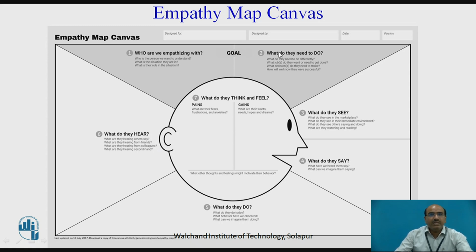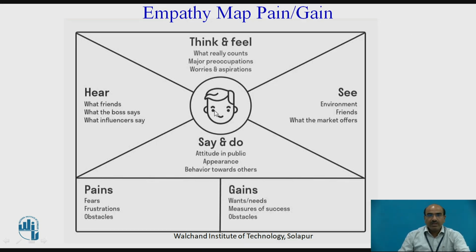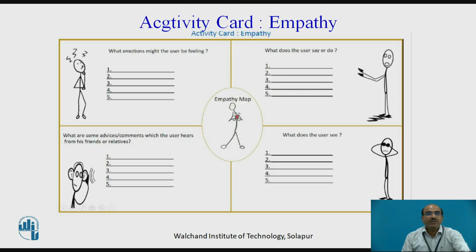Then he is empathizing with this goal. That is how he thinks and feels, which is the brain activity. In a different manner: think, see, do and hear, with the pains and gains.